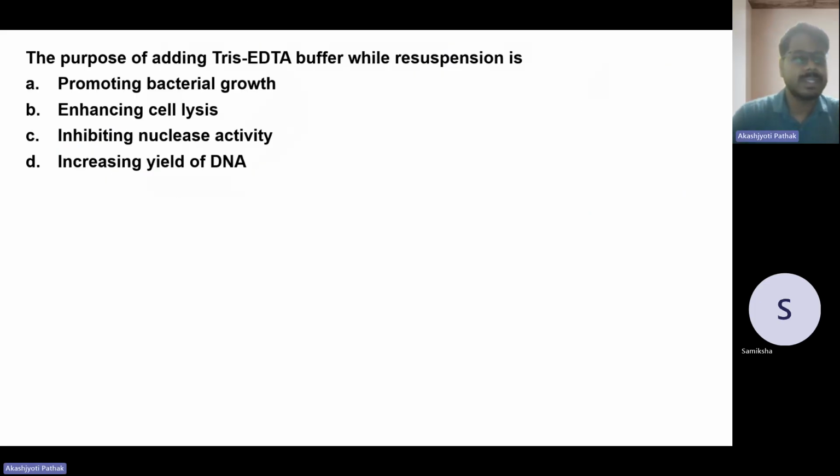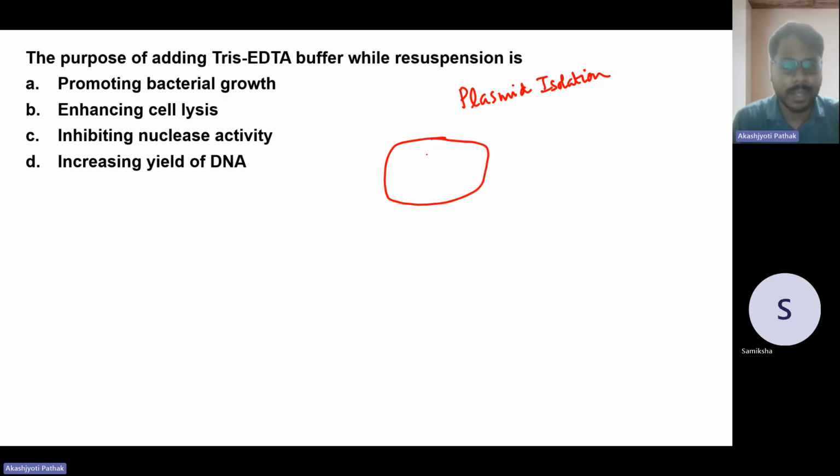So now answer this question. We read a lot of theory, now try to answer this question. Do you remember the plasmid isolation procedure which we discussed? Inside the bacteria there will be its own genome, a lot of other proteins and lipids in its cell, and it will also have a plasmid.